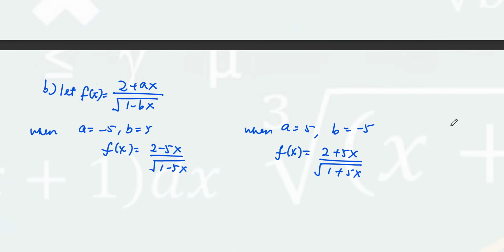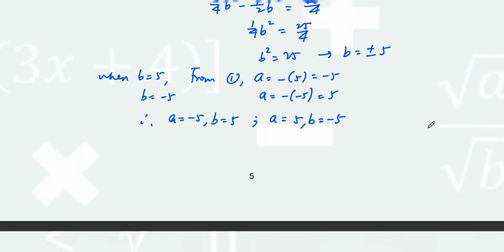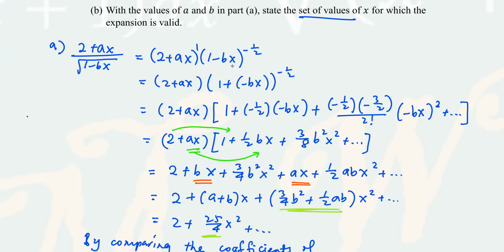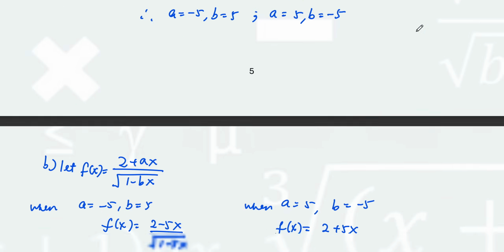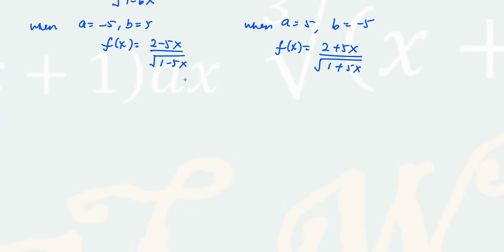When it comes to expansion, remember we just did one expansion, from the second term, the denominator. The first term, because it's degree 1, no expansion involved. So I will just check the denominator, which means this is 2 minus 5x times 1 minus 5x to the power minus half, or the second one is 2 plus 5x times 1 plus 5x to the power minus half.